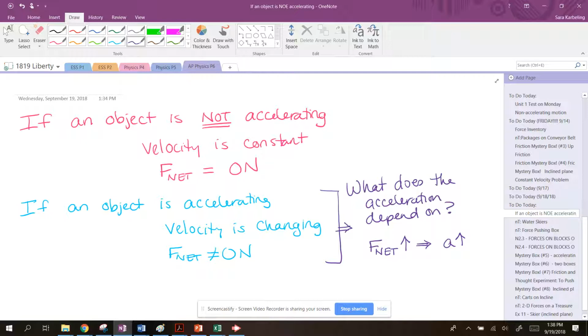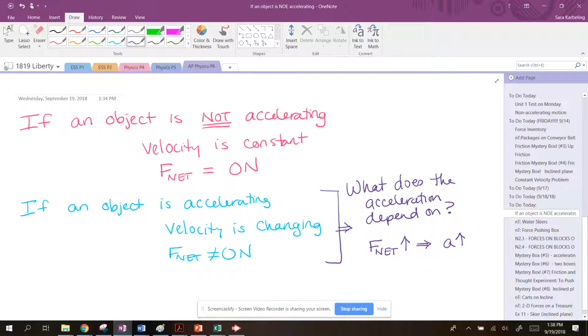Is there anything else that acceleration is dependent on? If I apply the same net force to two different objects, will they accelerate the same way always? No. What else do I need to talk about? Mass.